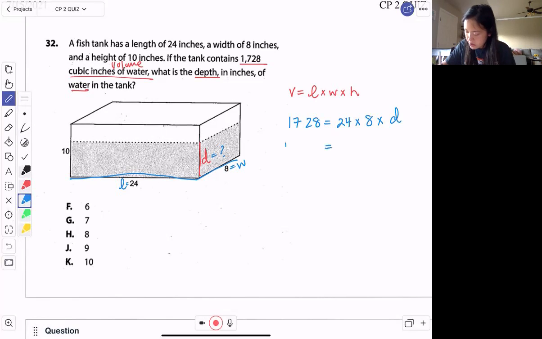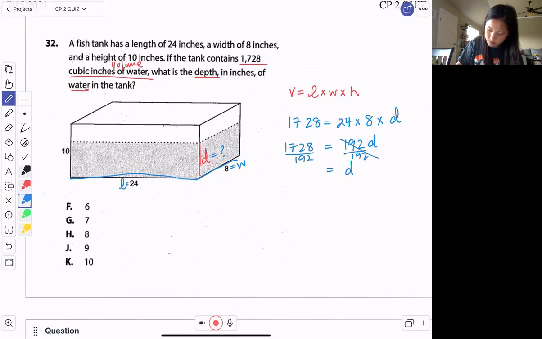I just need to solve for this. So 24 times 8, if I combine that, is 192. I need to divide by the 192 to cancel. So 1728 divided by 192 is 9. So I believe J is the correct answer for 32.